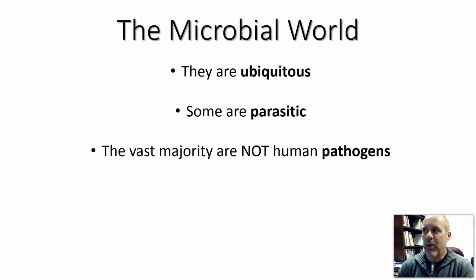All right, here's a word, this might be a new word for you. The microbial world, microorganisms, they are ubiquitous. Have you ever heard that term before? If you have not, that means microorganisms are everywhere. So they exist in almost every environment on the earth that we can imagine.